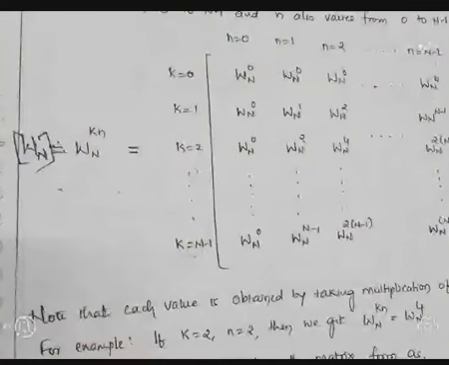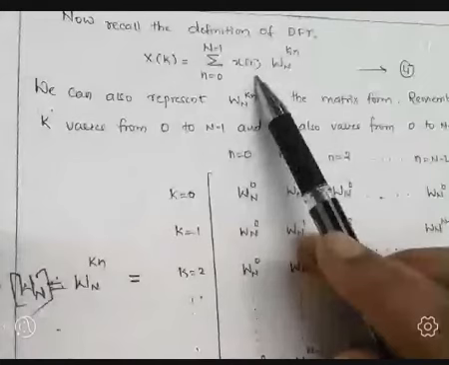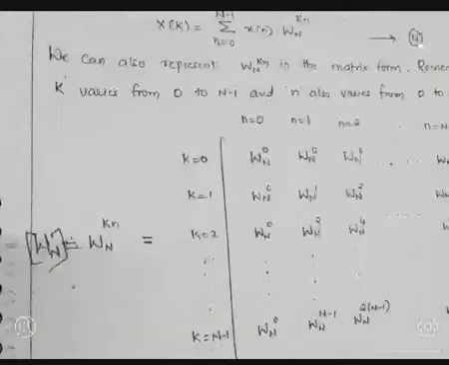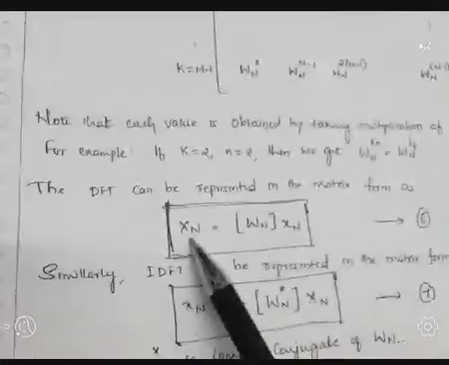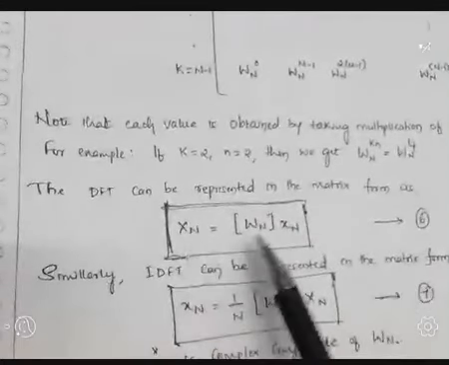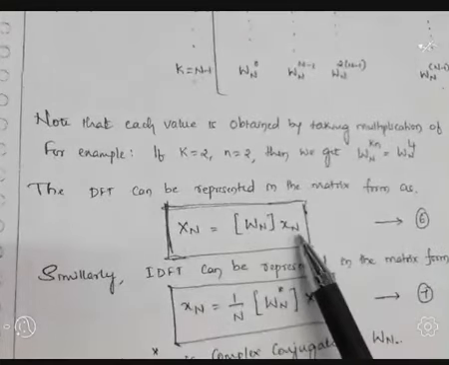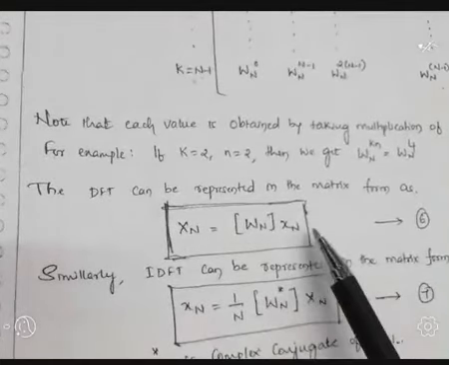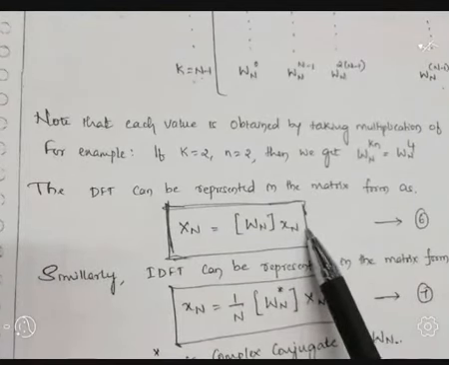So together, we can write this definition of the n point DFT in matrix format. We can rewrite the n point DFT equation as capital X_N equal to the twiddle factor matrix W_N multiplied by x_N. So this is the representation of the n point DFT in terms of matrix format.